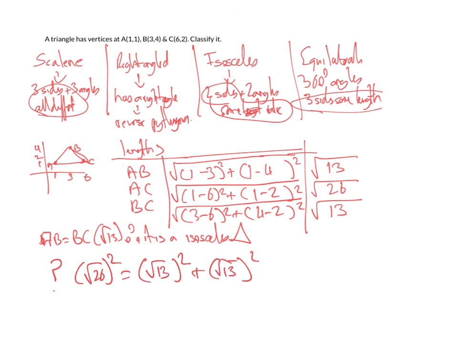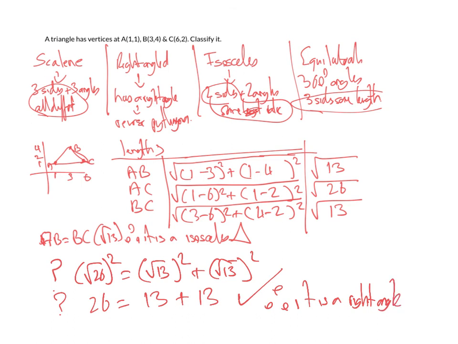Root 26 squared is 26. Root 13 squared is 13, and root 13 squared is 13. Is 26 equal to 13 plus 13? Yes. Therefore, it is a right angle triangle because Pythagoras is true for it.